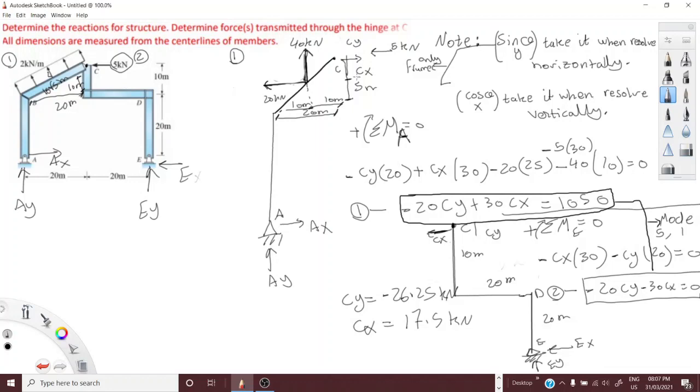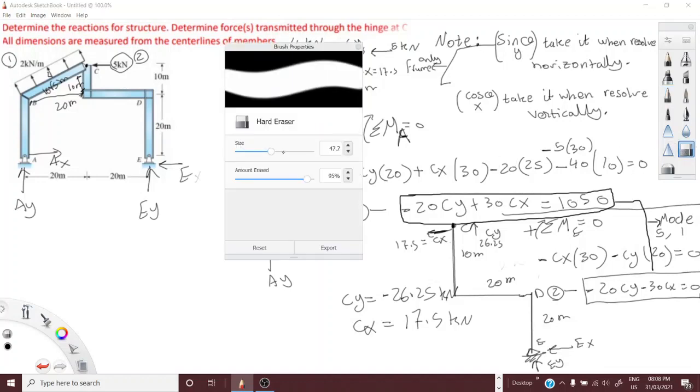Cy is equal to 26.25, while Cx, the sign convention, is 17.5. I don't have space to write kilonewton, but Cx over here is equal to 17.5.